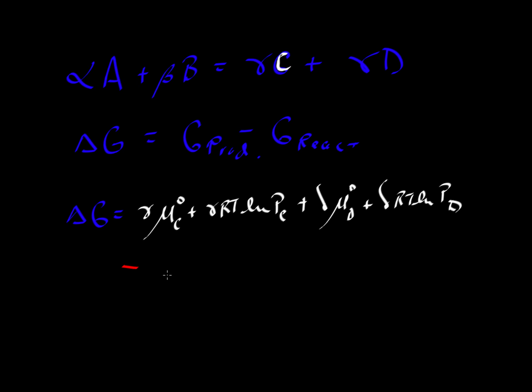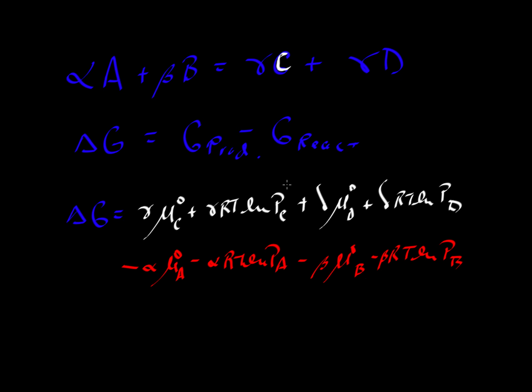So we would have minus alpha amounts of pure A, minus alpha times RT ln the partial pressure of A, minus beta amounts of the chemical potential of pure B, minus beta RT ln the partial pressure of B.